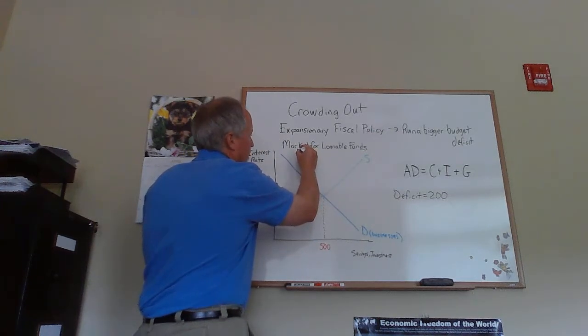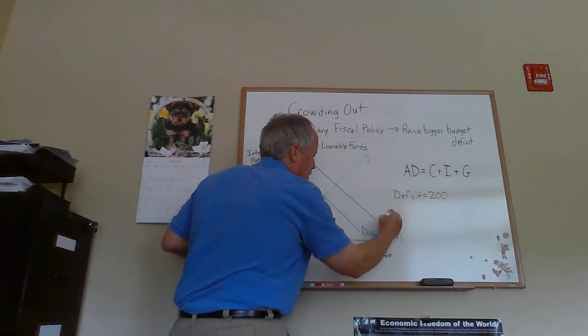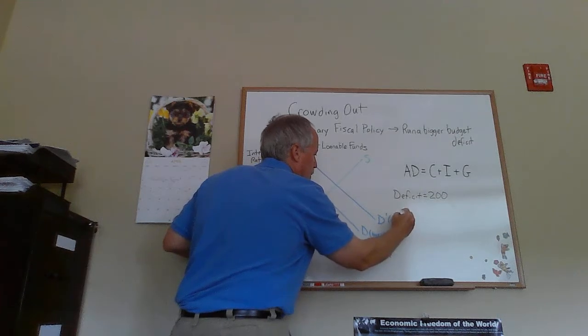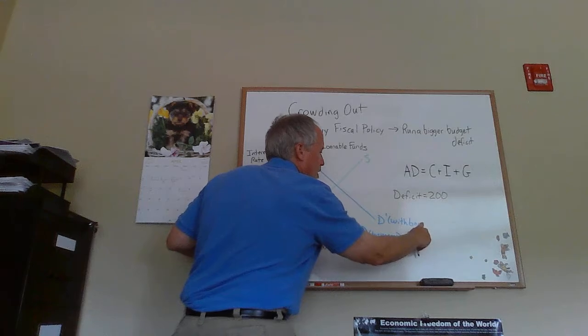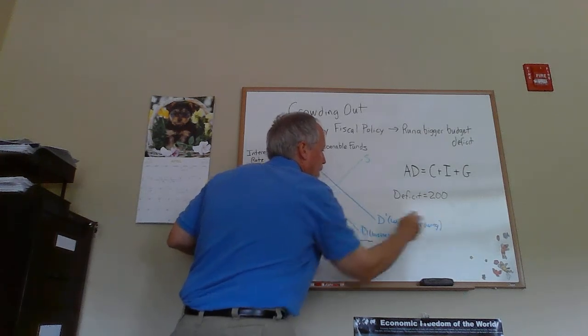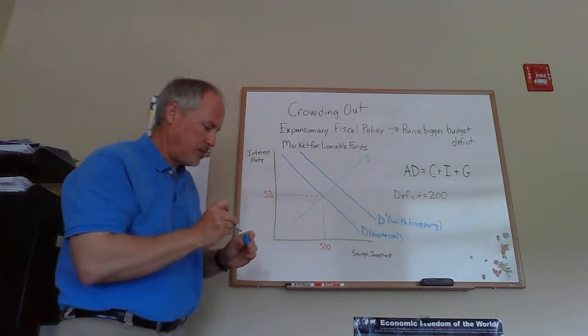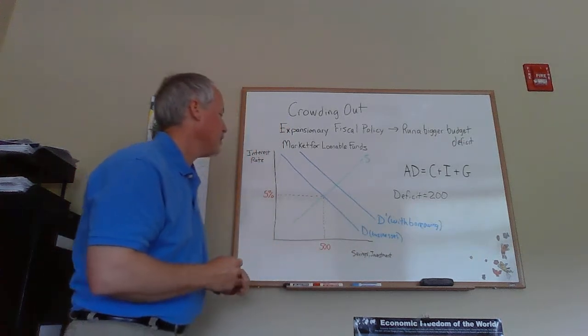I'll just draw this in here. With the additional borrowing, here's the demand curve for loanable funds, reflecting government borrowing.